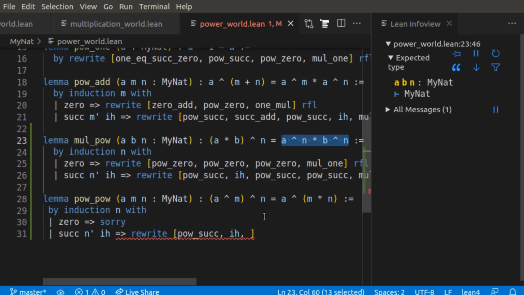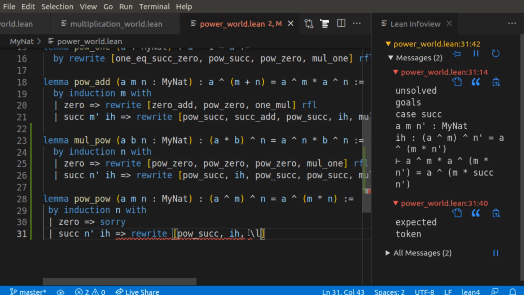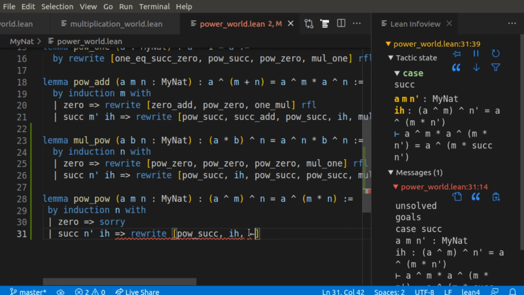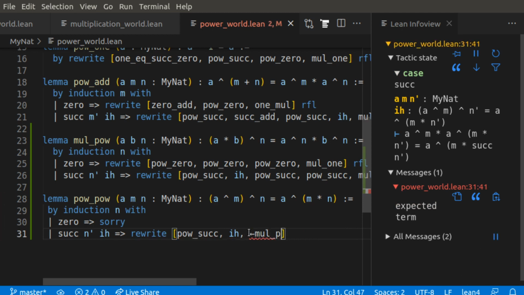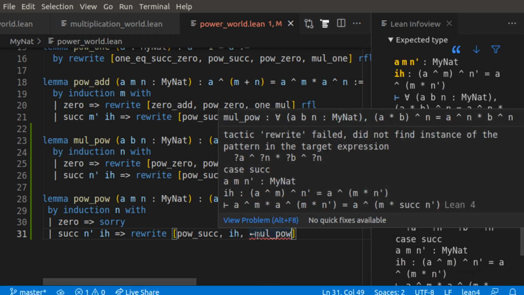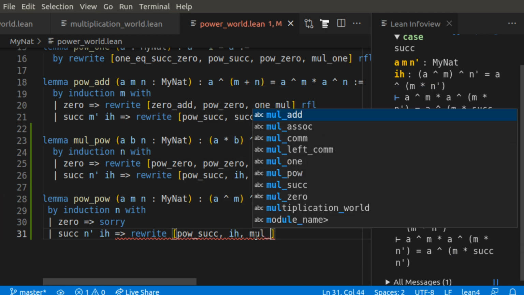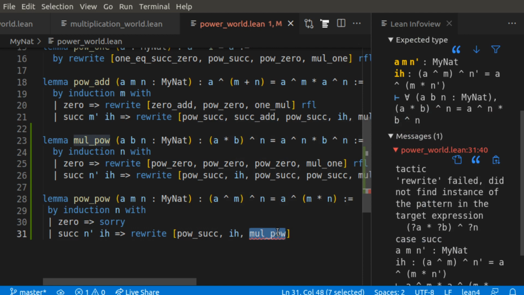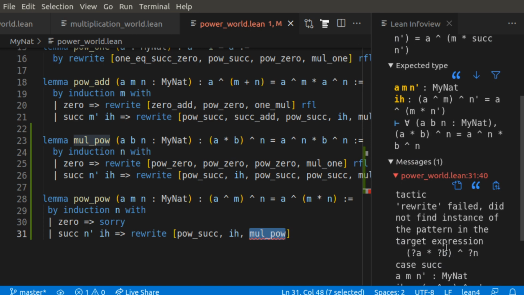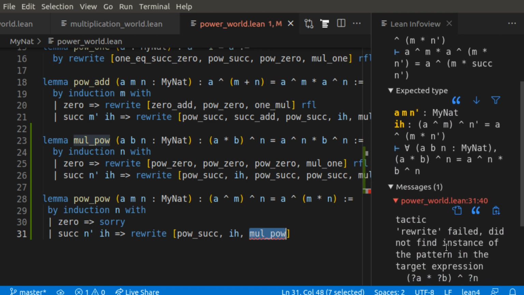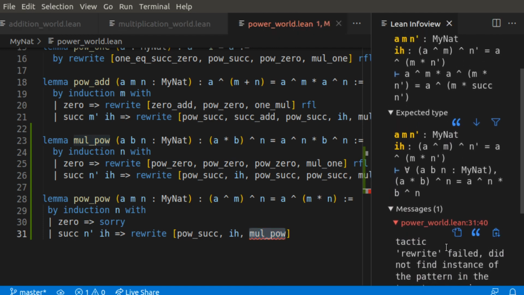A to the power of something times A to the power of something. Bang. Okay, so I'm going to apply mol power in reverse, I think. Mol power. Or just regularly apply mol power. Wait, let's think about this. So for mol power, this one needs A times something times something to the power of something. And what do we have here?